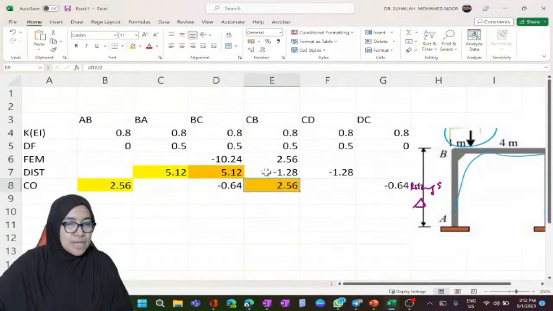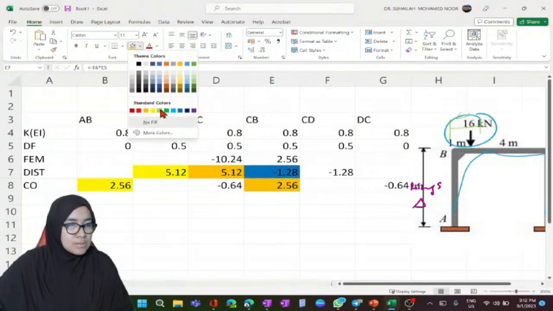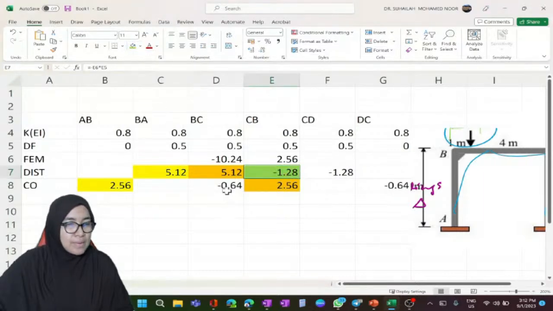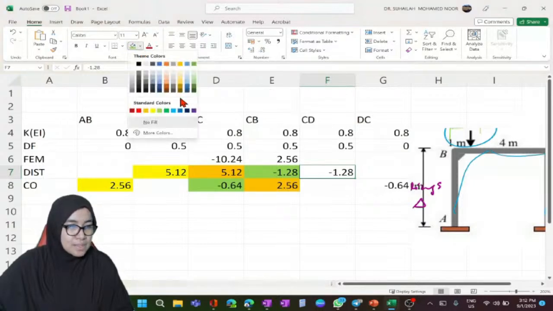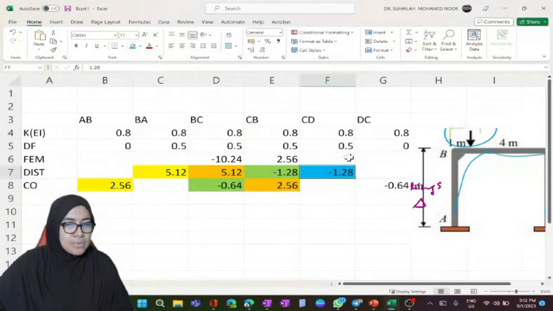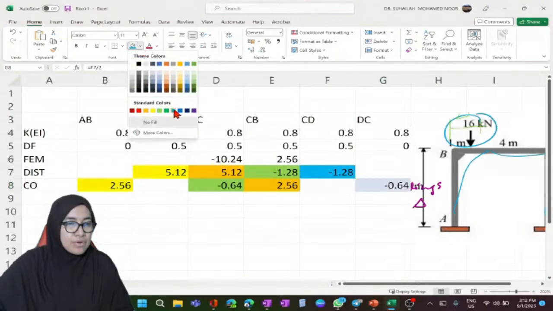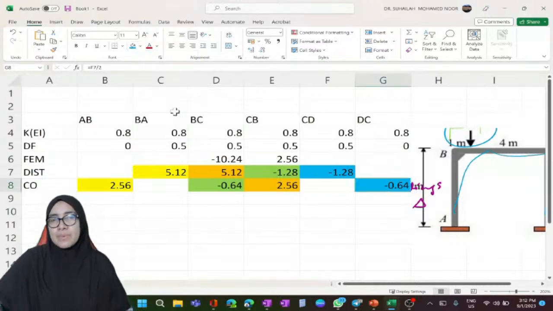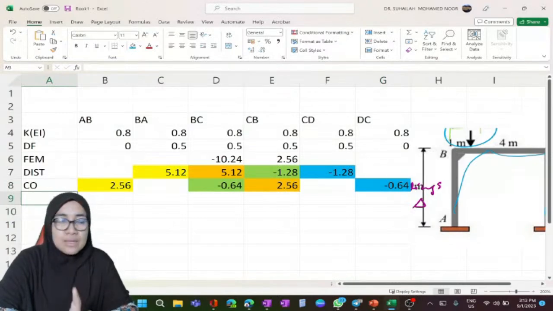We have CB, we carry to BC, and we have CD, we have to carry to DC. Remember, we are doing this because A and D are fixed. If not, we don't need to carry because the factor is 0. So this is the process for one cycle.